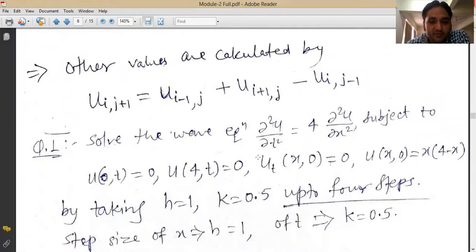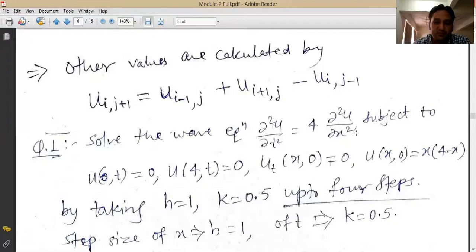Question number one says to solve the wave equation, dou squared u by dou t squared equals 4 into dou squared u by dou x squared. The boundary conditions given are u of 0 comma t equals 0, u of 4 comma t equals 0, u t of x comma 0 equals 0, and u of x comma 0 equals f of x, which is given here as x into 4 minus x.